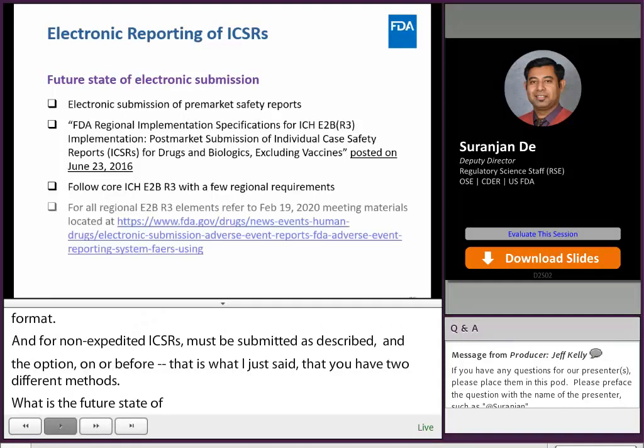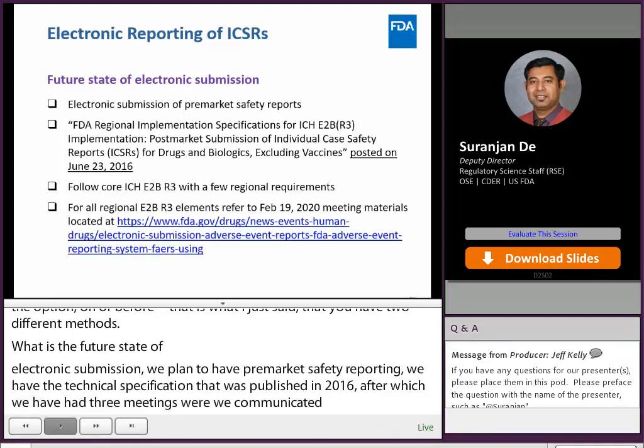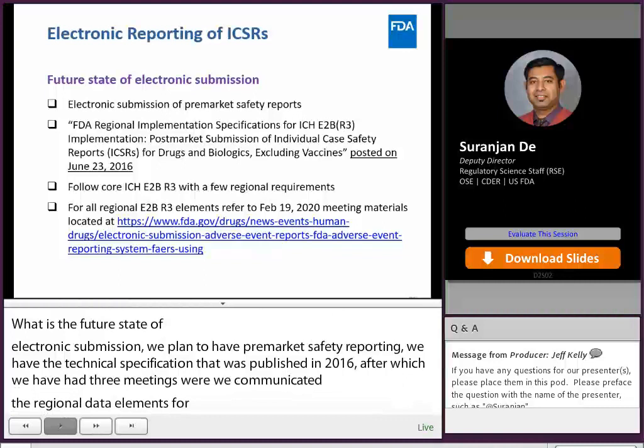The regional elements for R3 are posted at this URL, which includes all the ICH core data elements along with the regional elements and the forward compatibility of the regional elements.